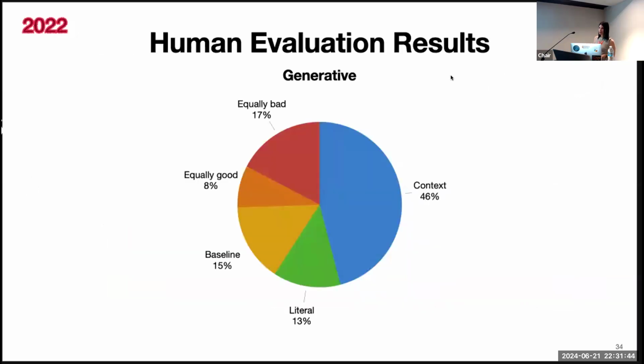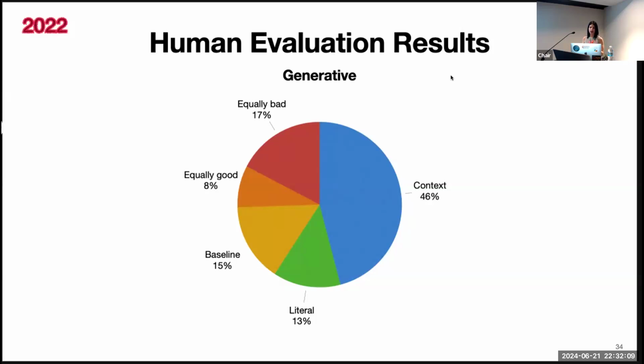But we also did human evaluation, because we don't really have a reliable automatic evaluation for generative tasks. So we took the outputs of the 3 models that seemed to be the best performing according to BERTScore: the GPT-2 model, and the GPT-2 enhanced with either the context knowledge or the literal knowledge.